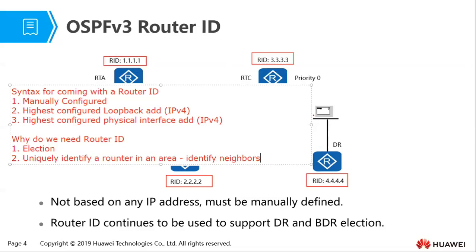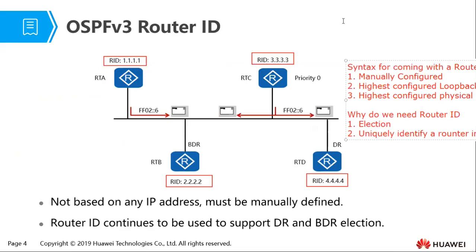So, identify the neighbors and uniquely identify routers in an OSPF area. So Henry, what you're confusing is the router ID and the priority, because when the router priority is configured as 0, that router's interface is not going to participate in the election.